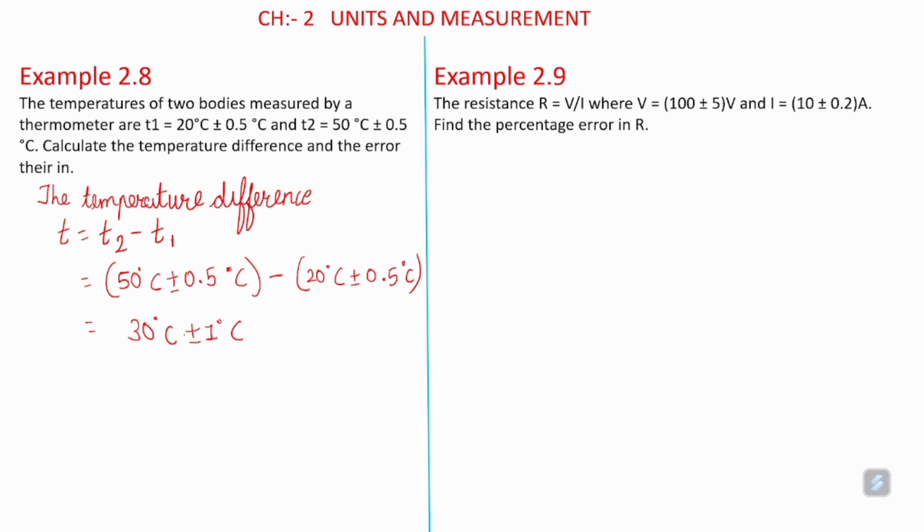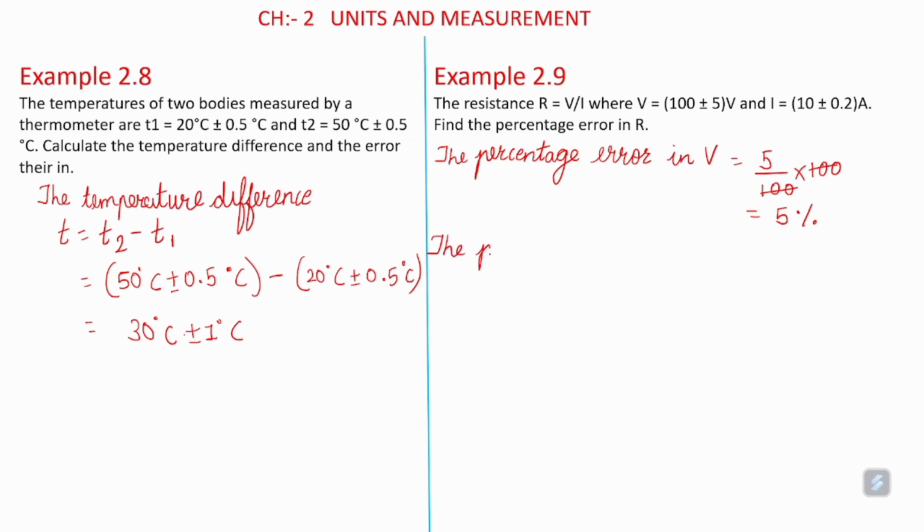Find the percentage error in R. So first we will find the percentage error in V and I. So the percentage error in V, what will be the percentage error? This error upon the absolute value, 100, into 100. So this 100 will get cancelled. We will get 5%.